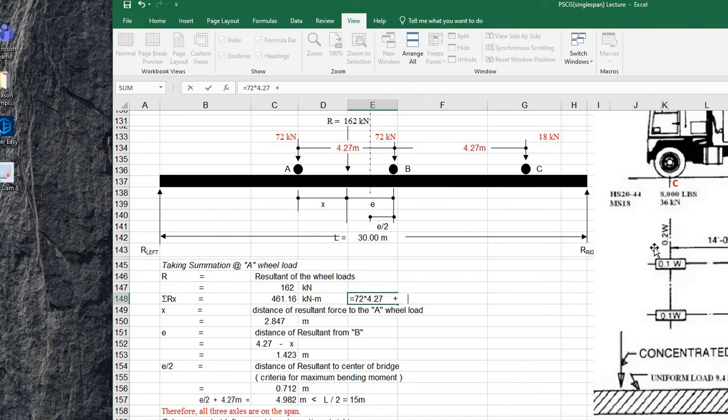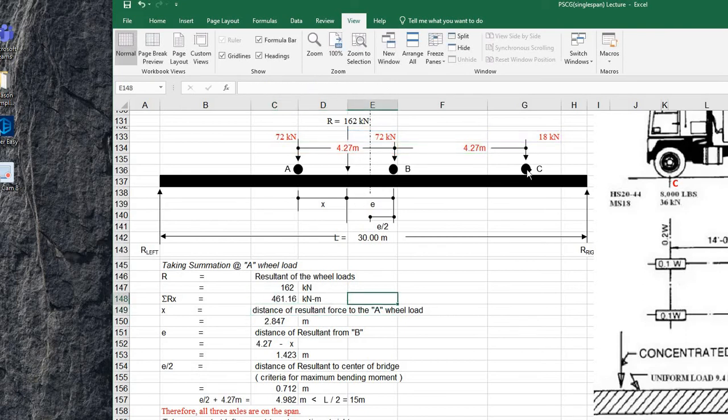Plus 18 at point C, times the lever arm of 4.27 plus 4.27. And it will give us 461.60. Next, if I click this, it is also linked there.